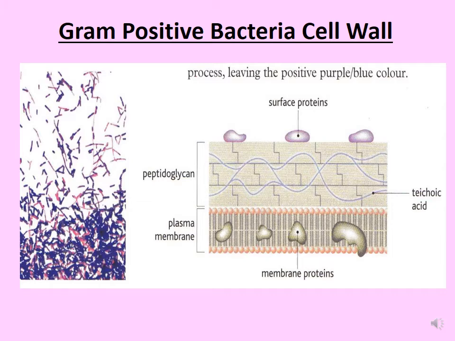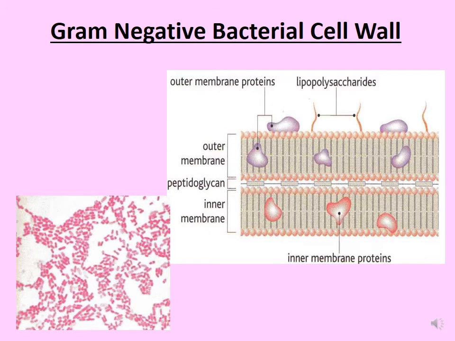So let's take a look at gram-positive bacteria cell walls. In the diagram you can see that the peptidoglycan layer is actually really thick, and because it's so thick it retains this crystal violet colour so that it stains a dark purple colour. Opposite to this, we have gram-negative bacteria. Gram-negative bacteria have thinner cell walls with less peptidoglycan in them.